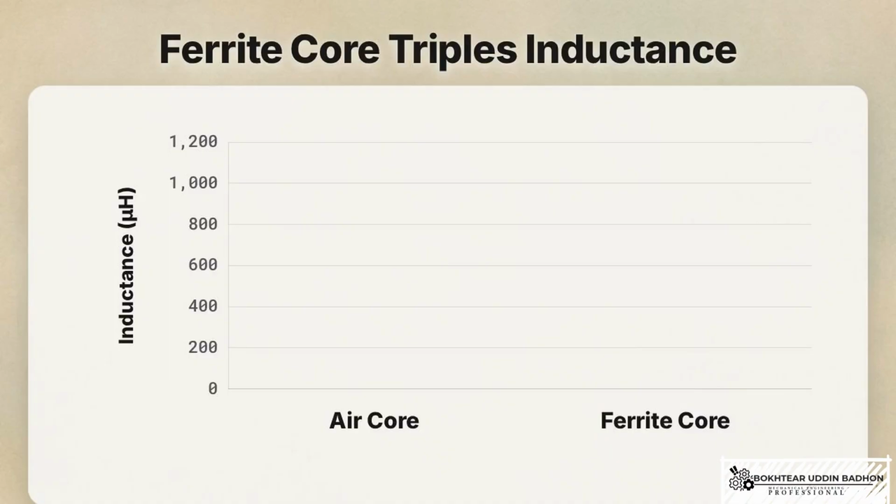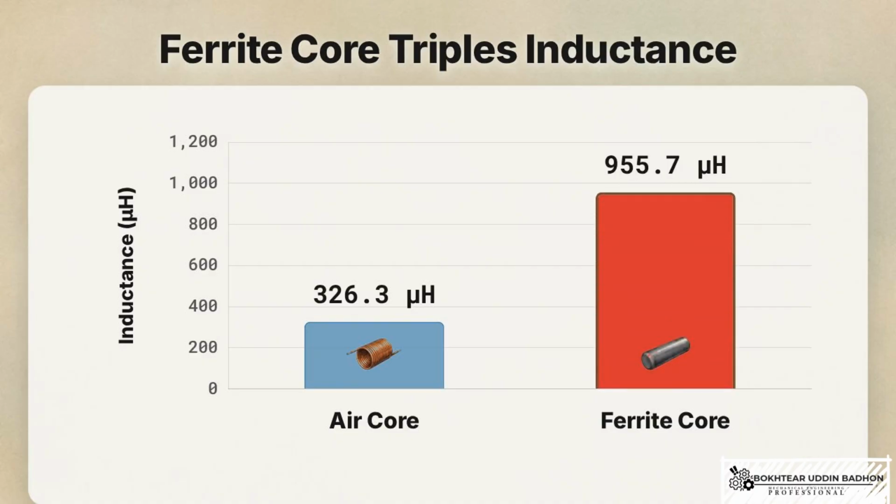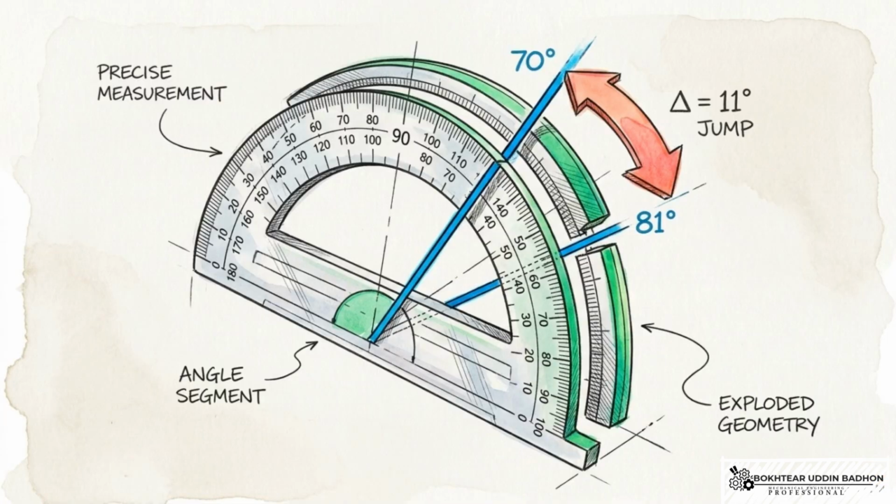Simply sliding a ferrite rod into the exact same copper wrappings causes the inductance to balloon to 955.7 microhenries, an increase of nearly 200%. This physical insertion also pushes the phase angle lag even further, shifting it from 70 degrees up to nearly 81 degrees.